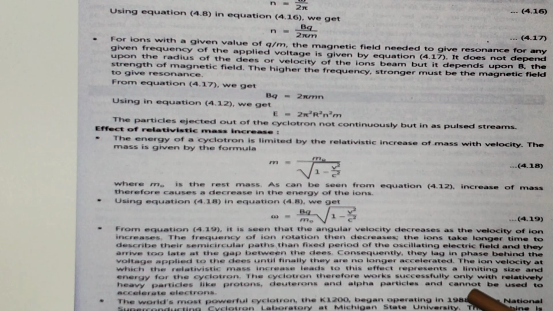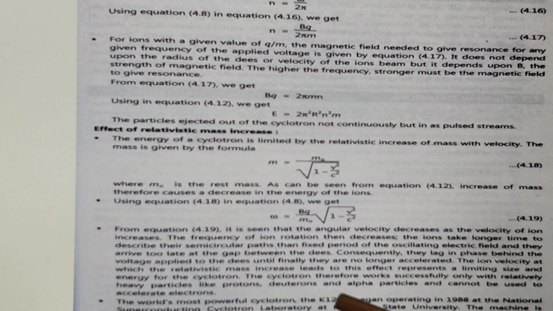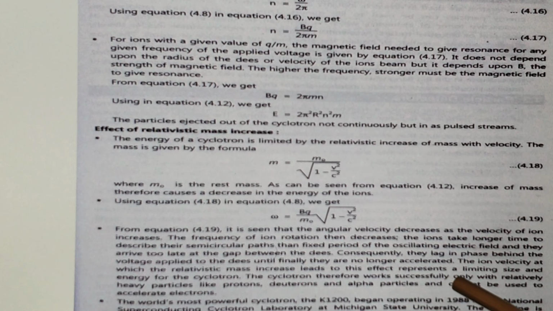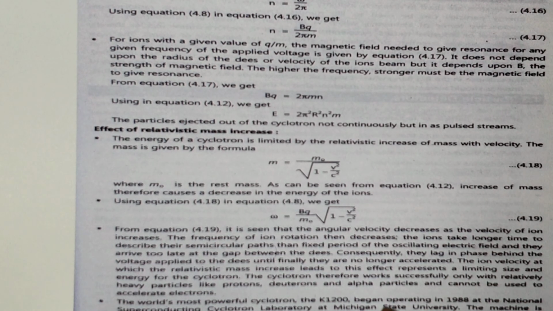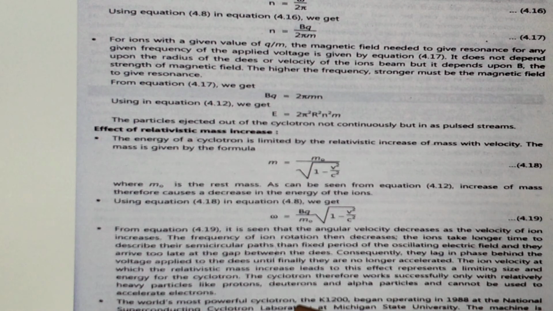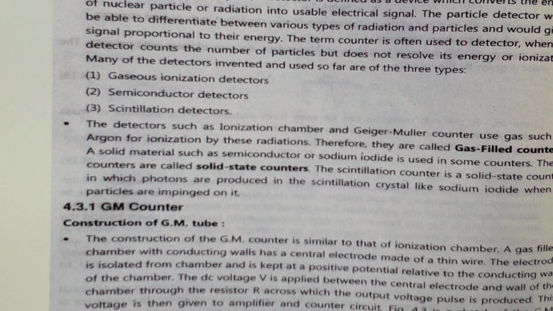The ion velocity at which the relativistic mass increase leads to this effect represents a limiting size and energy for the cyclotron. The cyclotron therefore works successfully only with relatively heavy particles like protons, deuterons and alpha particles, and cannot be used to accelerate electrons.